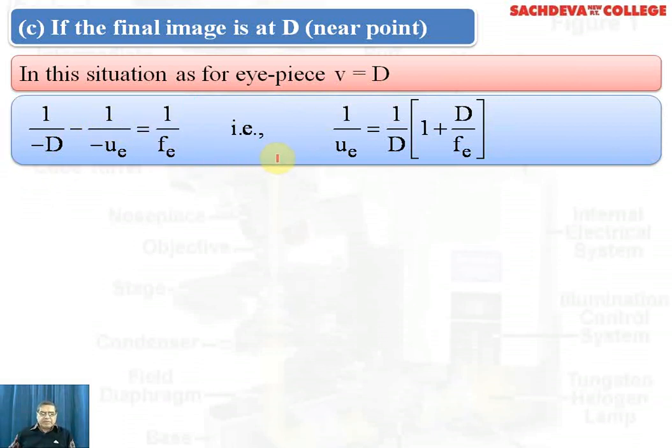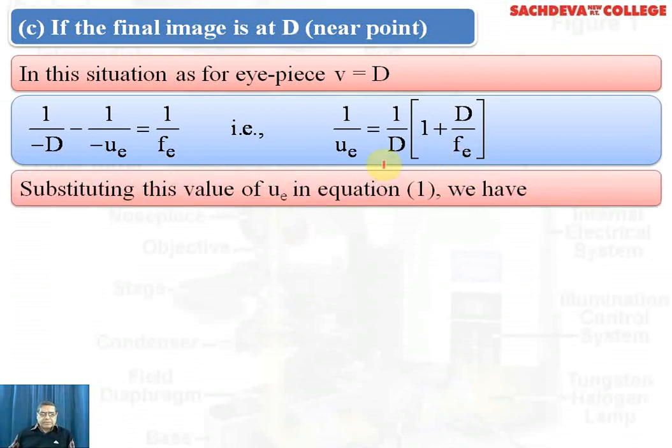Now we can simplify this equation and write 1 over ue equals 1 over d into 1 plus d over fe, where fe stands for focal length of the eyepiece, ue stands for distance of object from the eyepiece, that is from the ocular, and d is the least distance of distinct vision.